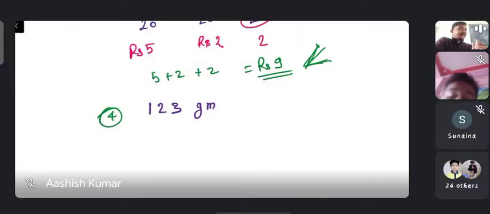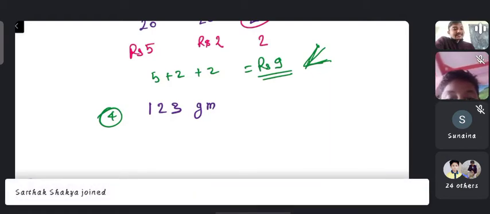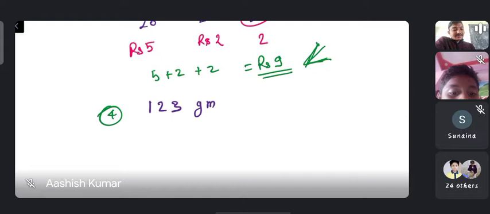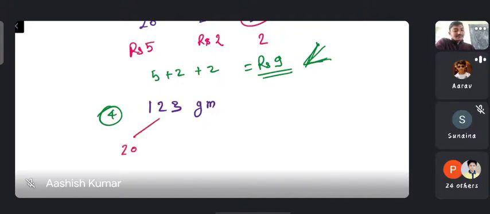The next one is 123 gram letter. So for the 123 gram, here you have to split this 123 into 20s. The first 20, this is not from your book.